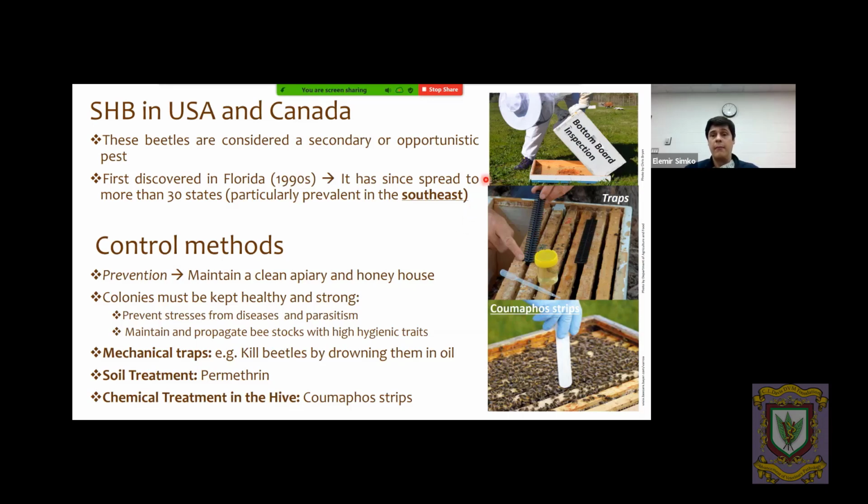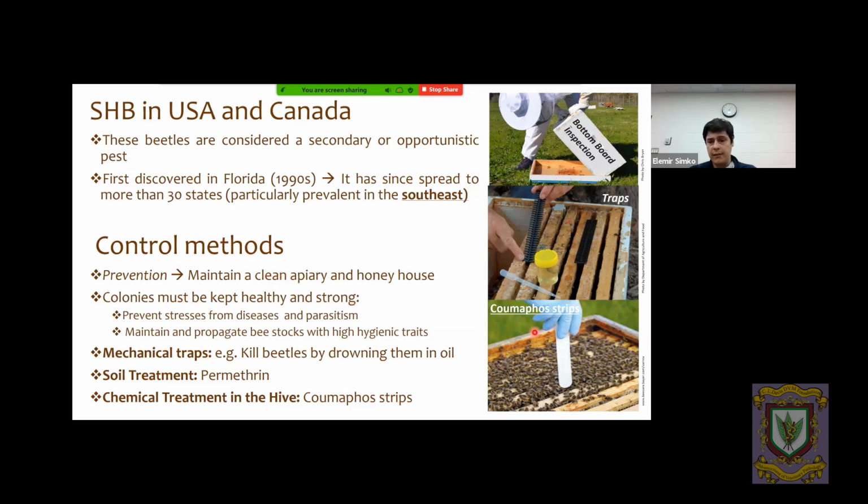As I said, the pupal stage is in the soil. So there's another recommended control method, which is the use of permethrin, which is an insecticide, around the colony. There's also the possibility of chemical treatment in the hive, and for that, Coumaphos strips are recommended.